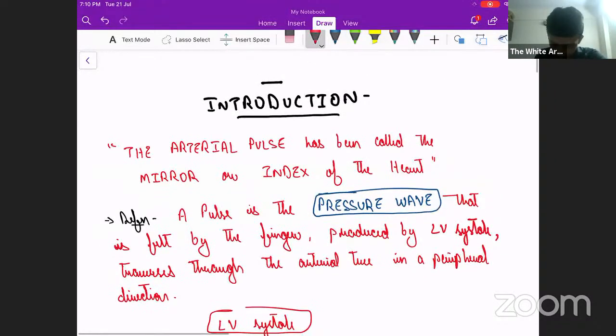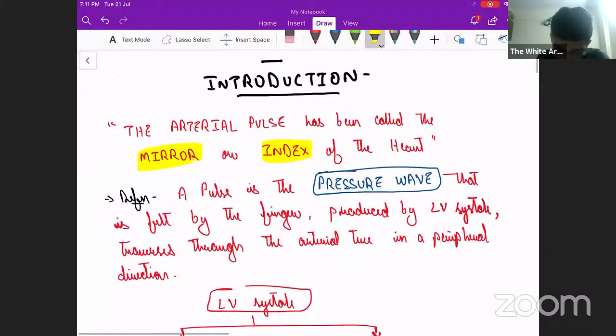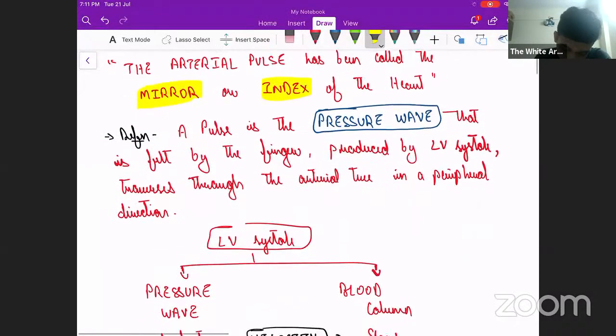Introduction. This is the very famous statement that the arterial pulse has been called the mirror or index of the heart. Why do we call this? We'll look into it further. That is our topic for the day. And what is the definition? As you mentioned, a pulse is the pressure wave. Not the column of blood or the blood ejected that you feel, but the pressure wave that is felt by the tip of the fingers, produced by the left ventricular systole, the contraction of the left ventricle.